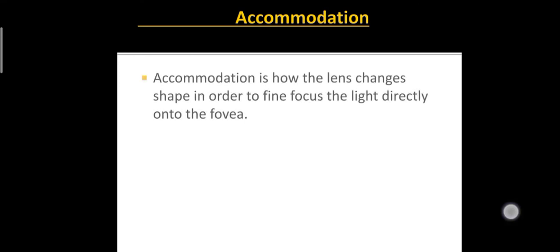What is accommodation? Accommodation is how the lens changes shape in order to fine focus the light directly onto the fovea.